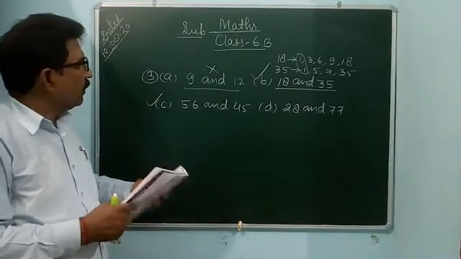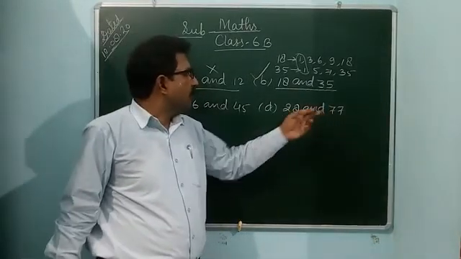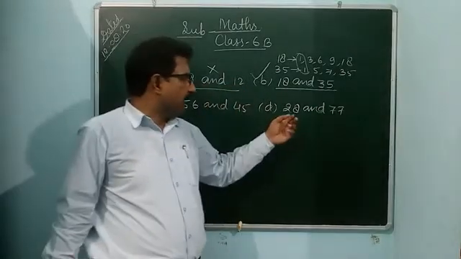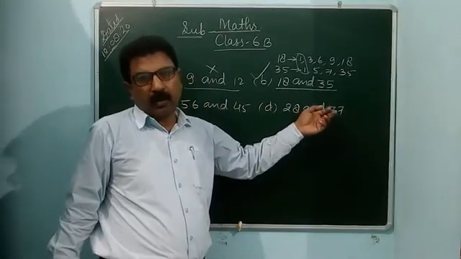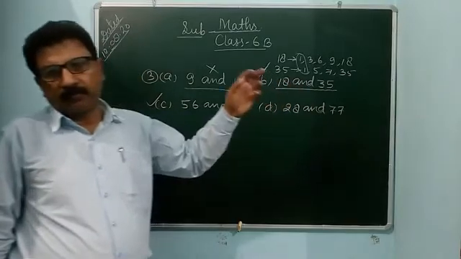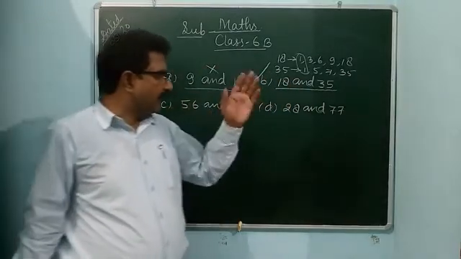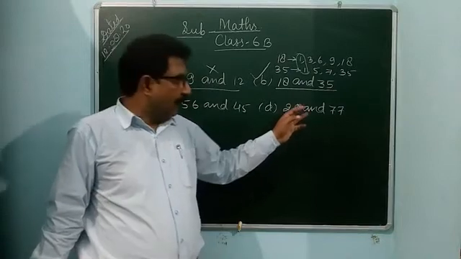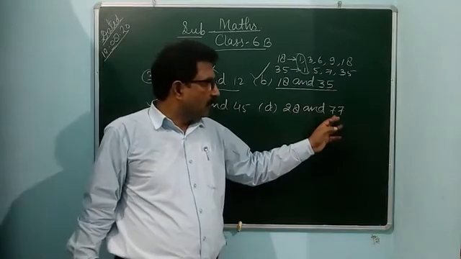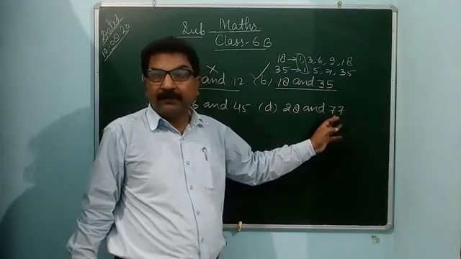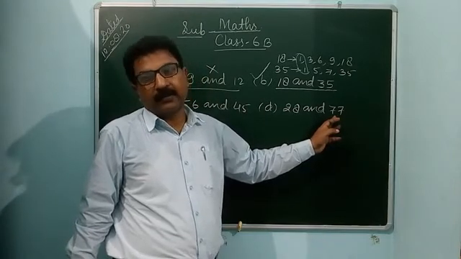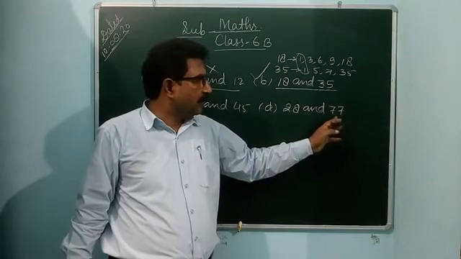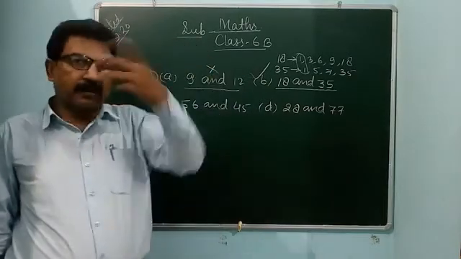But see 28 and 77. 28 has many factors, and 77 also has many factors, including 7 for 28 and 7 and 11 for 77. So the common factors are 1 and 7.